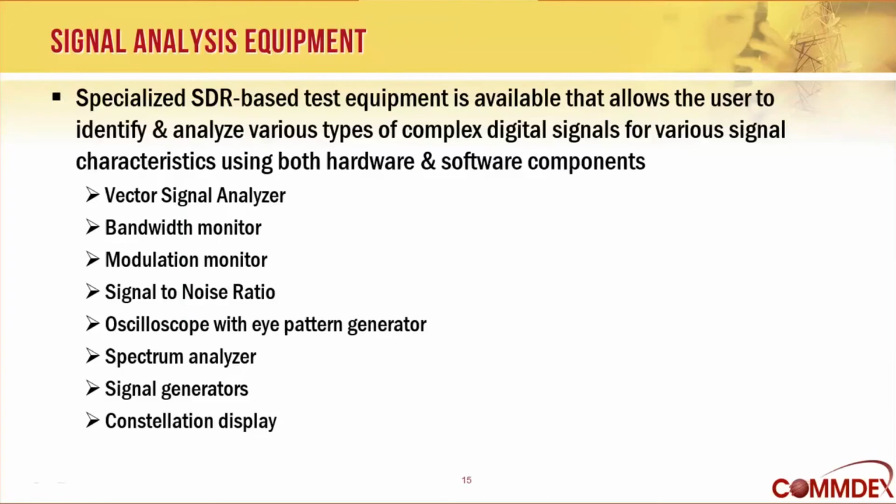A bandwidth monitor to see what kind of bandwidth you're looking at. A modulation monitor to identify what kind of modulation is occurring. What's the signal to noise ratio? The ability to put an oscilloscope on there with an eye pattern generator. And of course, a spectrum analyzer, internal signal generators, and constellation display.